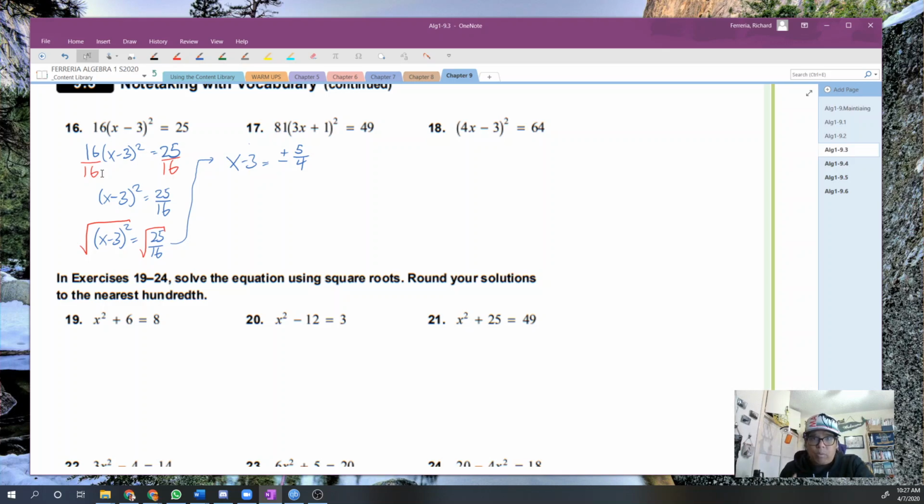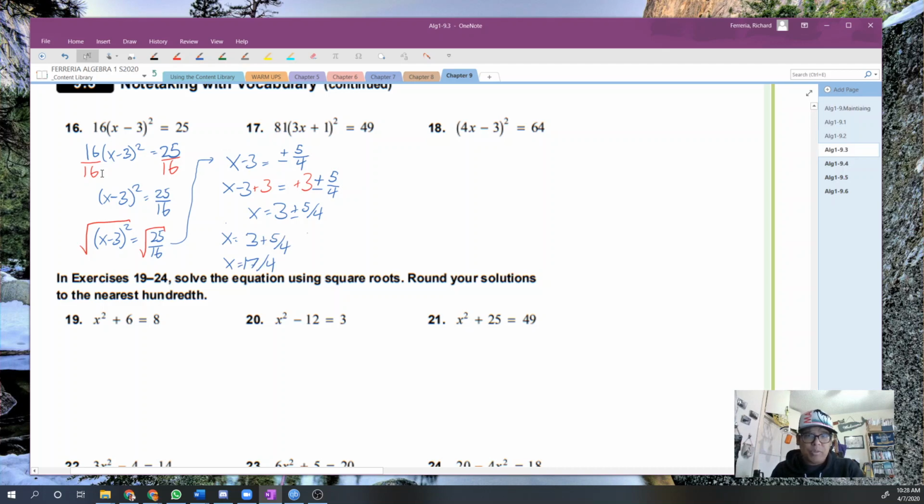Now, we're going to work this just like we did with the previous problem. We're going to add 3 to both sides. So as I add 3 to both sides, that gives me 2 solutions. It's either going to be 3 minus 5 over 4 or 3 plus 5 over 4. At this point, you might want to grab your calculator and figure out that 5 over 4 is the same thing as 1.25. So we're going to do the subtraction first.